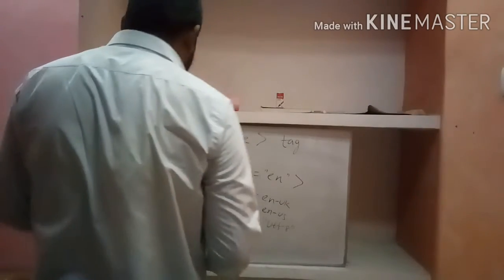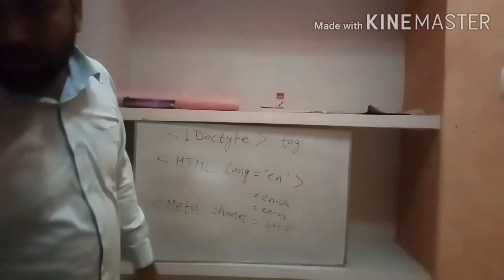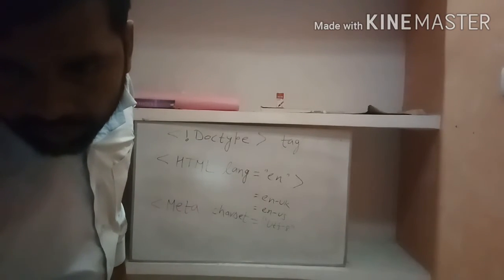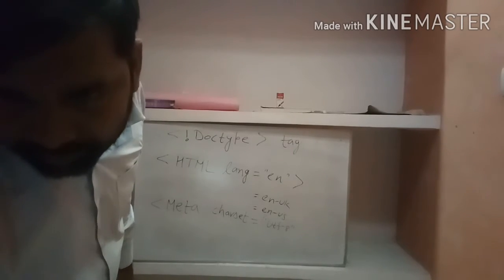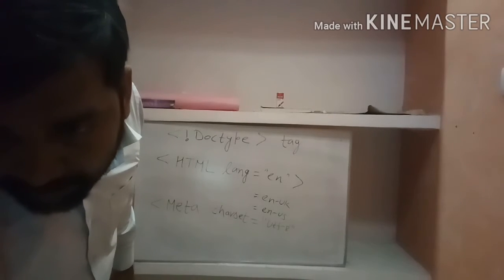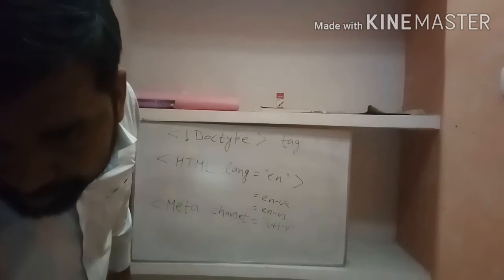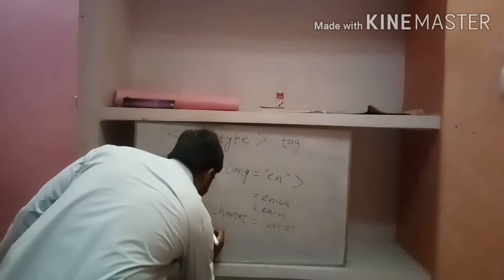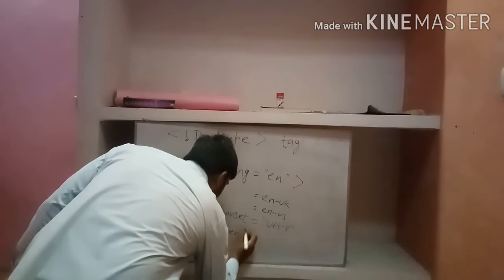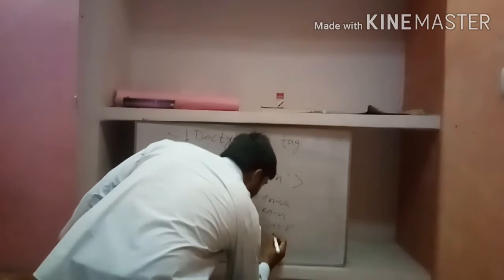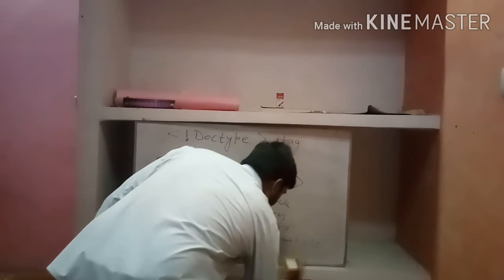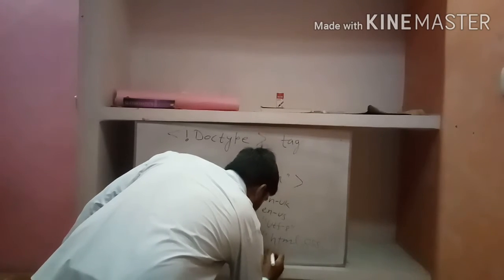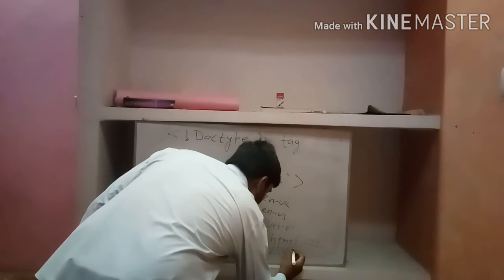Another attribute we use is content, which is also an attribute. Content is equals to double quotation mark, and we write HTML, CSS, comma, we can also write jQuery.